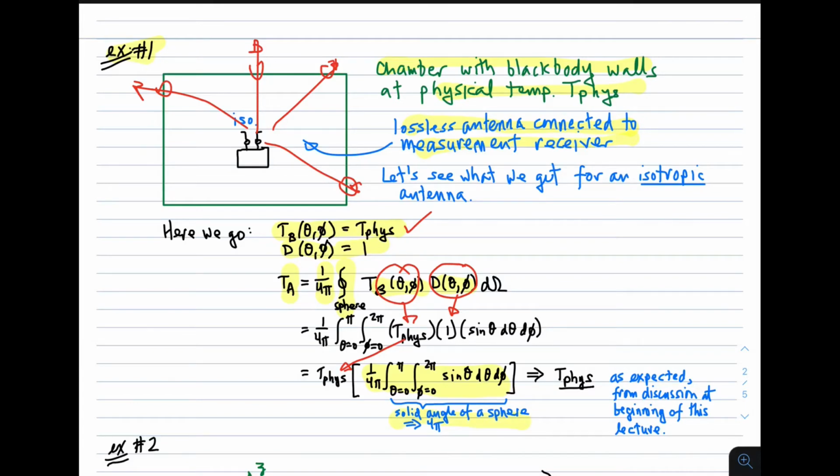If I integrate over a sphere with an integrand equal to 1, I get the solid angle of a sphere. And if I divide that by 4 pi, then I end up with 1. So the answer is simply that the antenna temperature is equal to the physical temperature, which is good because that's what we said we should get at the beginning of the lecture. So we can see this expression works in at least that case.